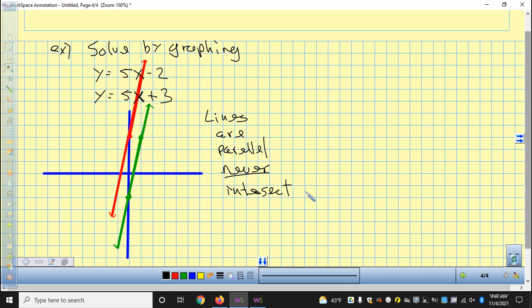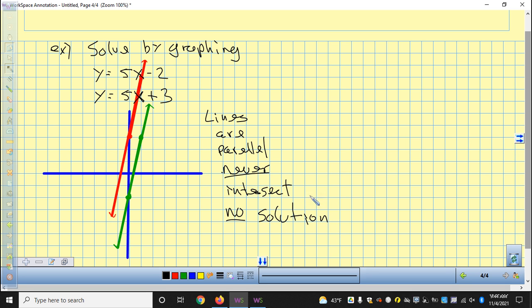So how many solutions do we get? None. We get no solution. Whenever we have parallel lines, two lines with the same slope but different y-intercepts, we're always going to get no solution. Parallel lines, same slope, different y-intercept, give us no solution.